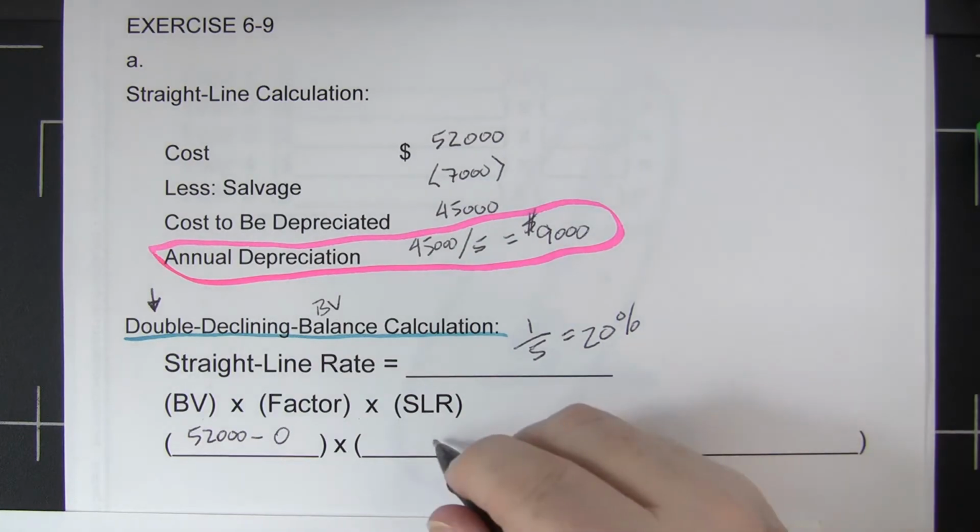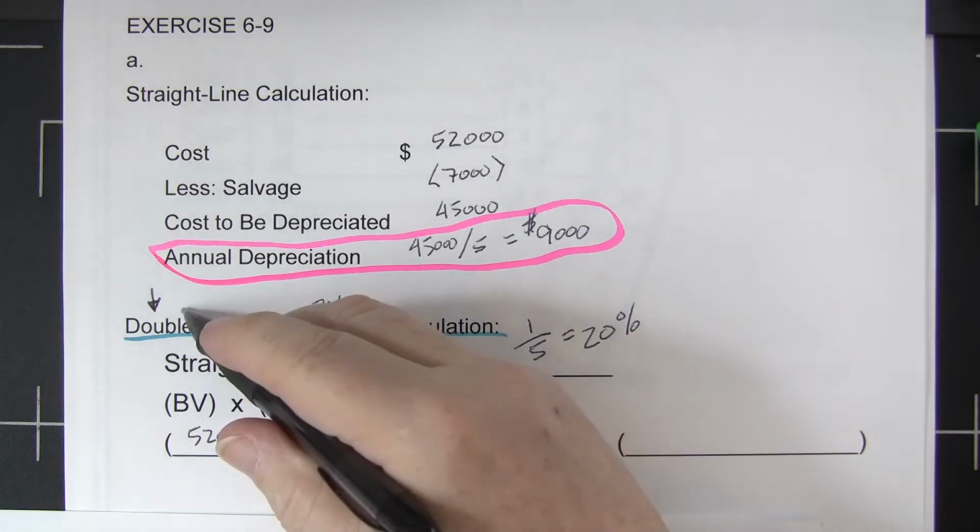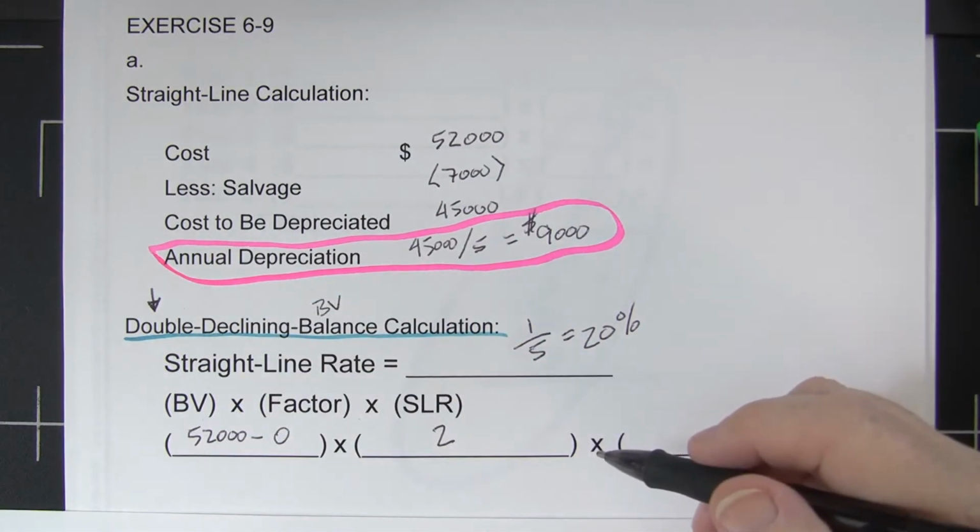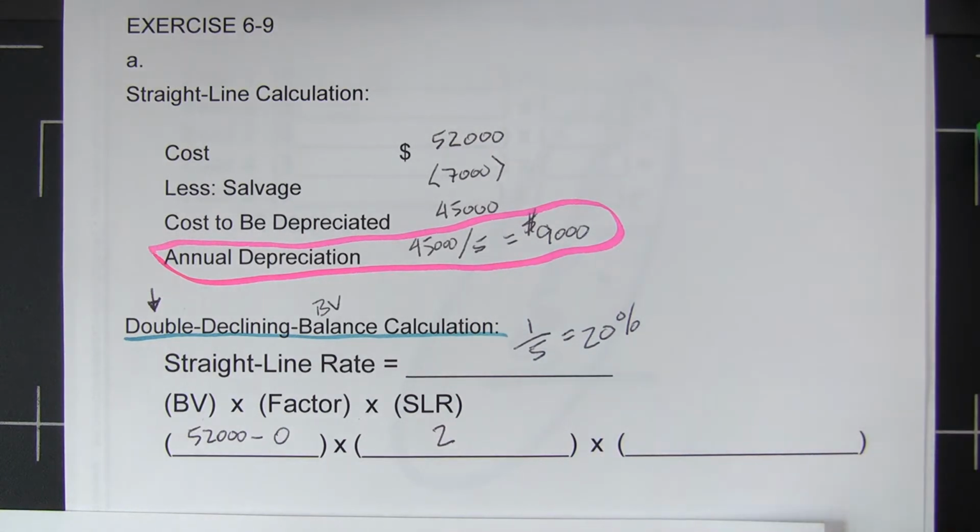The factor is 2, double declining balance. It could be 1.5, I've seen 150%, that's common. Sometimes with electronics, I've seen triple, where they depreciated very quickly, because companies love depreciation.